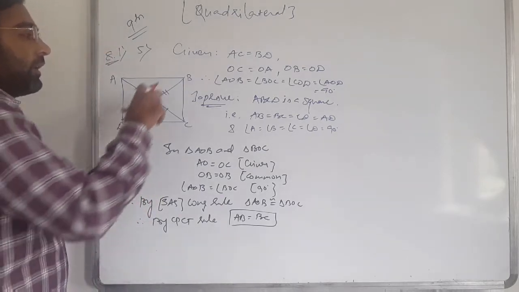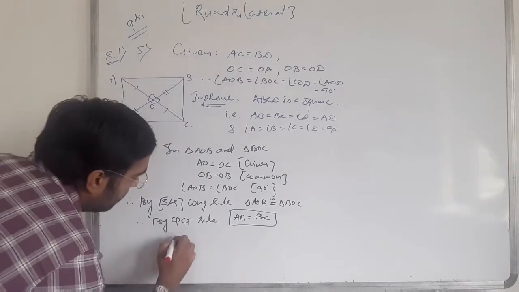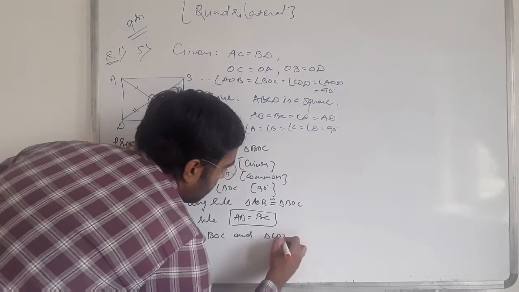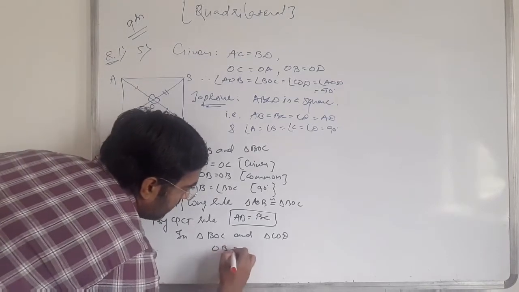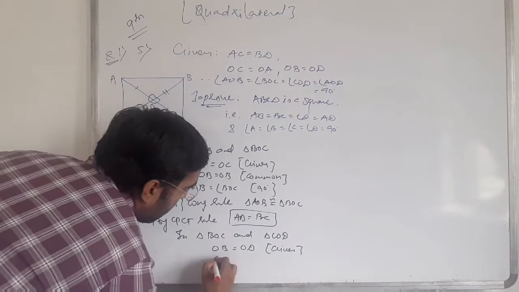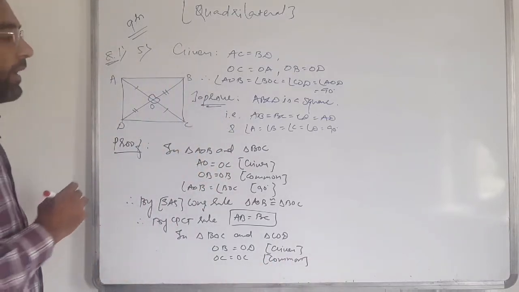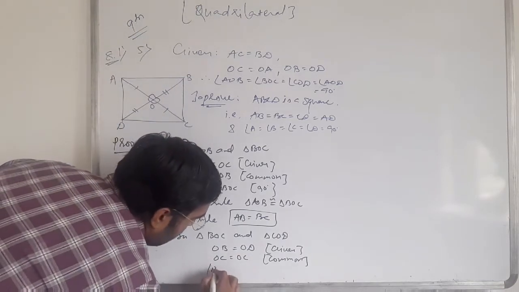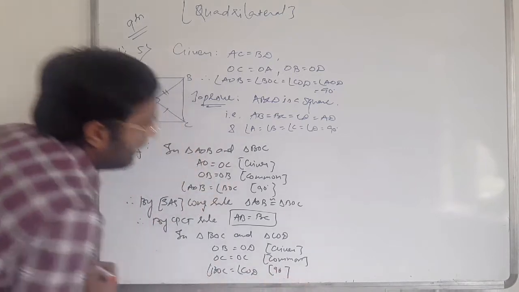Now we take triangle BOC and triangle COD. In triangle BOC and triangle COD, OB equals OD, which is given, OC is common in both of them, and angle BOC equals angle COD, both of them 90 degrees.